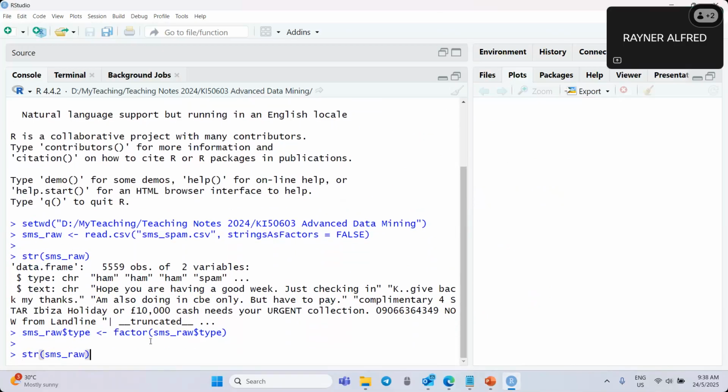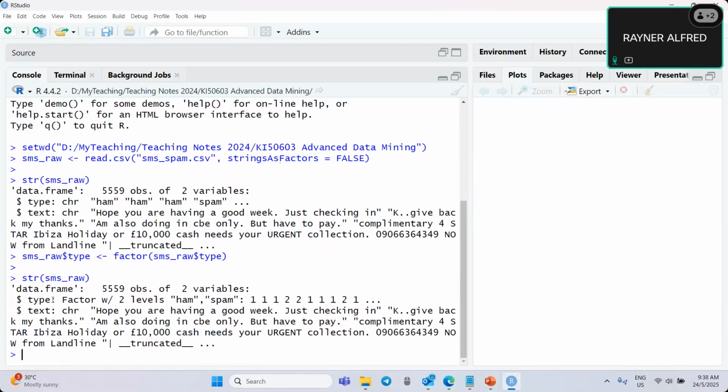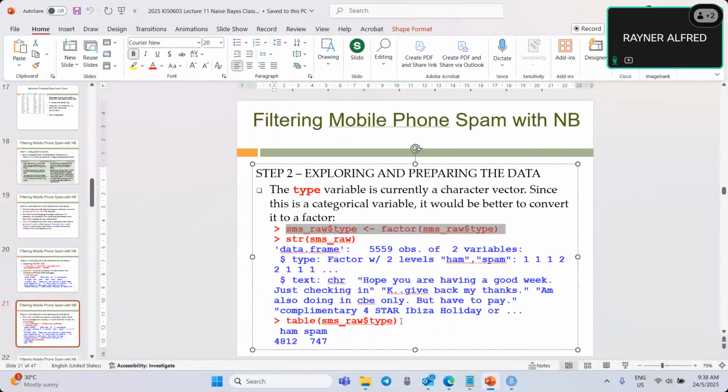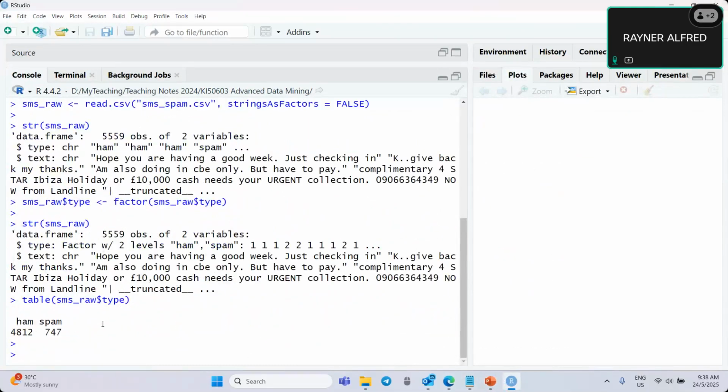If I look at the structure again, my type is now a factor, so instead of a string of characters, I changed it into a label. Then we look at the number of rows containing ham and spam. Ham here is non-spam SMS, and spam is spam SMS. So we have imbalanced data here.